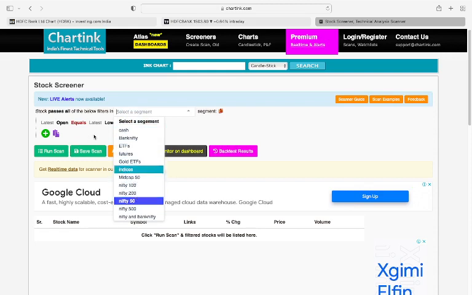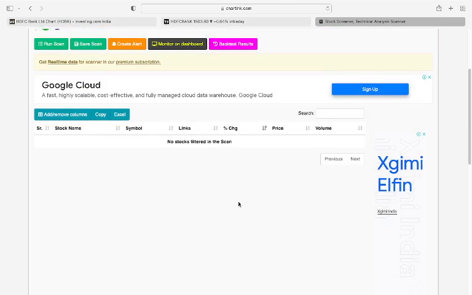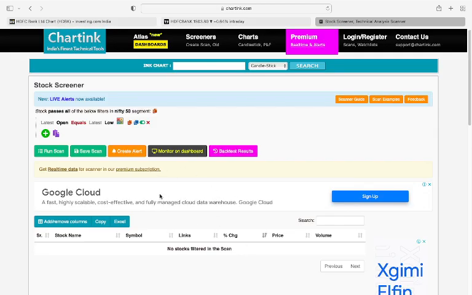Do you want to run this filter for Nifty 200 or 100? It's your wish. Let's say my trading style is that I trade only Nifty 50 stocks. So let me run this strategy. This is one strategy called doublet. This is how we can scan, and click on run scan. Today no stocks were found to trade. If there are some stocks to trade, we can trade them.